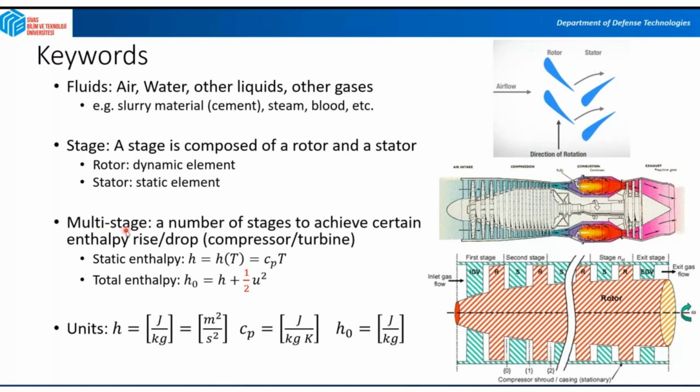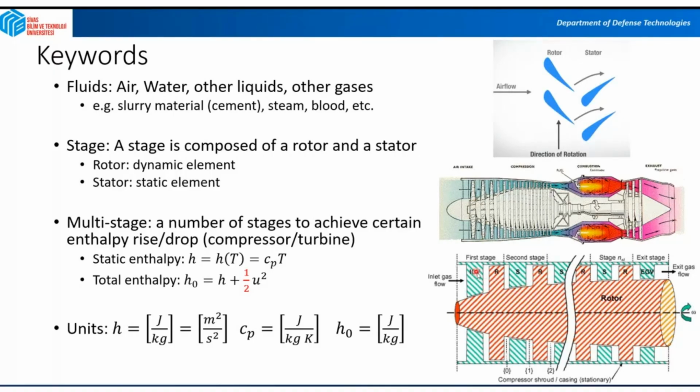When we are talking about a multi-stage turbo machine, we mean a number of stages to achieve a certain enthalpy rise or drop. So you have two, three, four, five, six stages, like what you're seeing in this figure, the figure in the bottom.